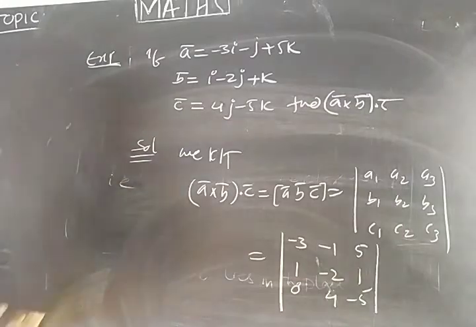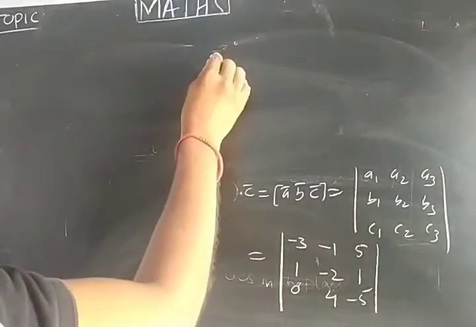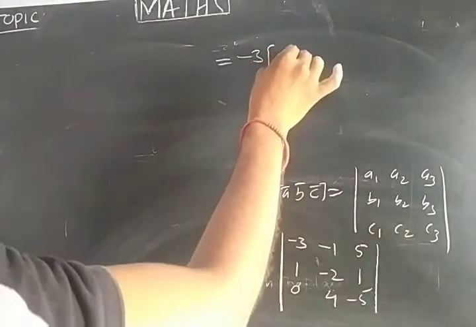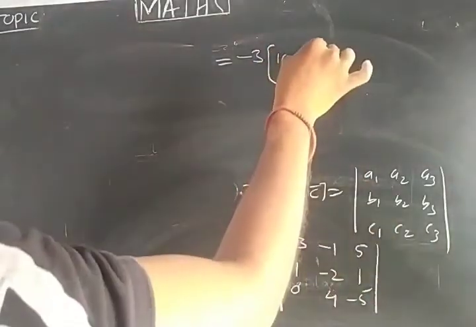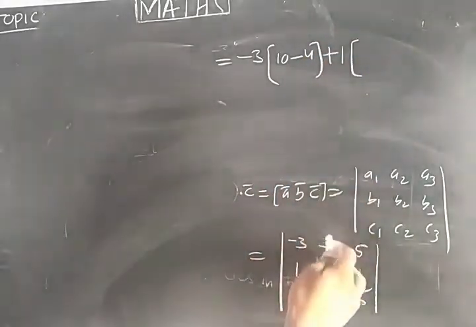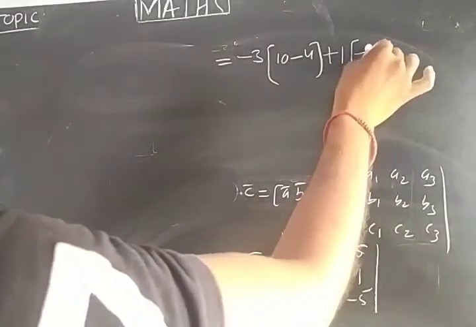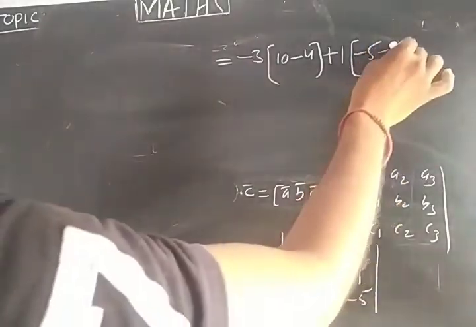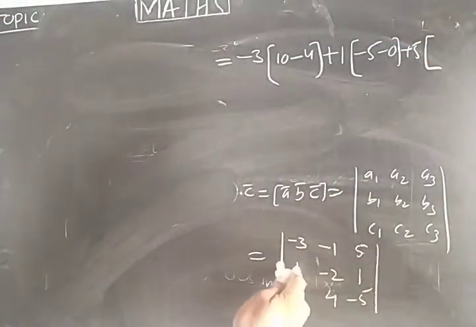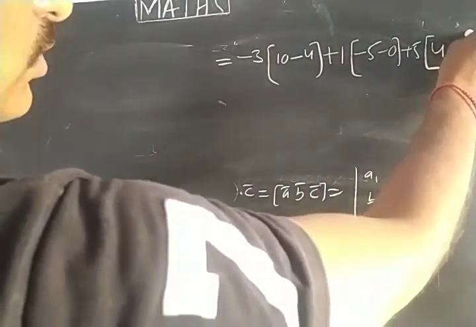Okay. Right. Now let us find the determinant of this. -3 into, how to find the determinant? -3 into (2 times 5 is 10, minus 4 times 1 is 4). By taking the second one, take minus of minus 1 times, removing this column and this row, 1 into minus 5, minus 5, 0 into 1, 0, plus 5 into, now by removing this, 1 into 4, 4, 4 minus 0.